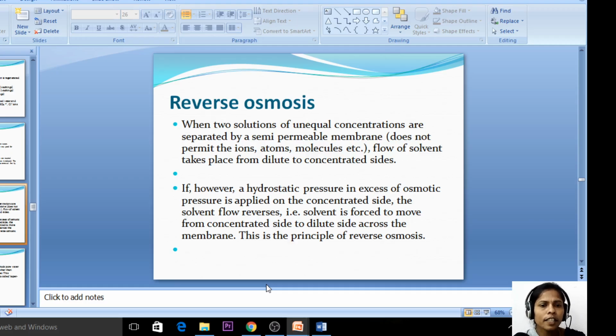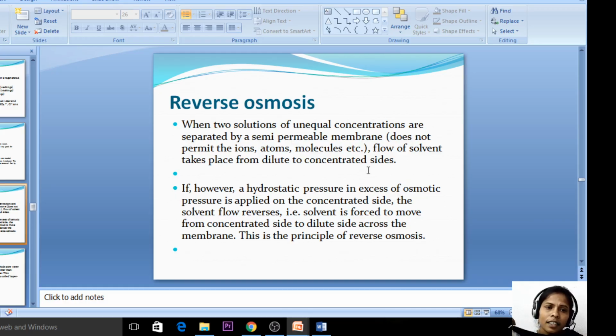So first let us see what is meant by osmosis. Osmosis is nothing but when two solutions of unequal concentrations are separated by a semi-permeable membrane, the flow of solvent particles takes place from dilute to concentrated side. So what is the osmosis? When two solutions of different concentrations are separated by the semi-permeable membrane, that means in one container, we are taking two different solutions.